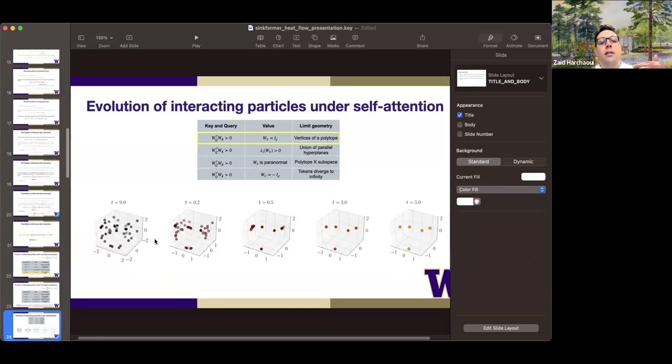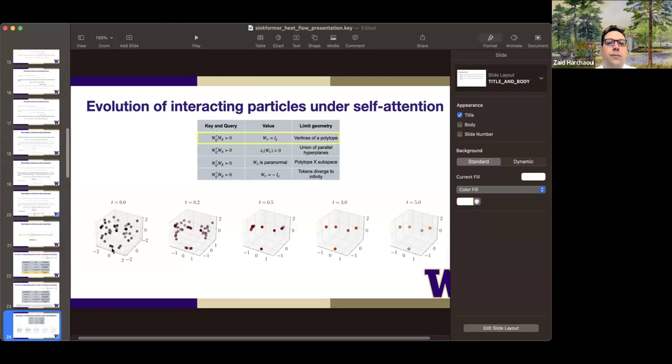So again, this is not the evolution of the particles during the training. This is after training. If you take data and you pass it through the network, how the particles evolve through the network, how the neural network processes the particles, right? So it's the input-output map, if you wish.